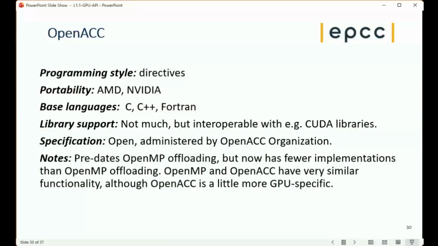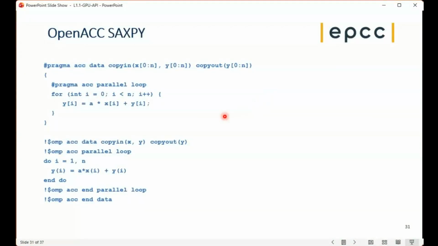We would probably recommend now using OpenMP, but there will be OpenACC codes out there. It predates OpenMP offloading and has fewer implementations because OpenMP has caught up, but they're very similar. OpenACC is a little more GPU specific and was written specifically to allow you to program GPUs, but it feels like OpenMP.